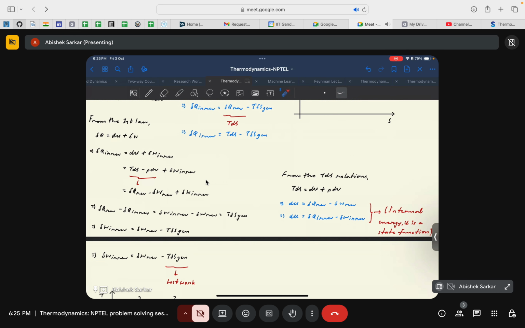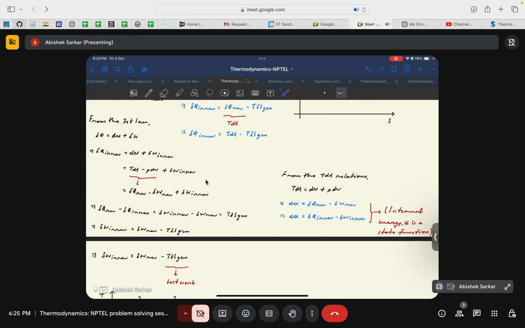I hope you are following the equations. Why this can be done is discussed here. The change in the internal energy is valid for both reversible and irreversible processes, and the change in internal energy is independent of the process through which it has been achieved.